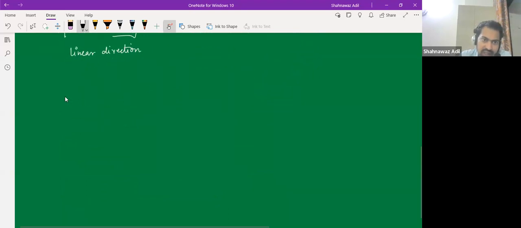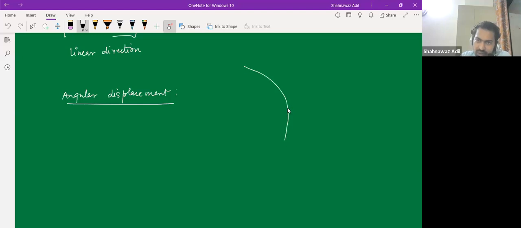So what is the angular displacement? We have this object, it was here and then it finished here. So this was the initial point and this is the final. This will be called theta, right?